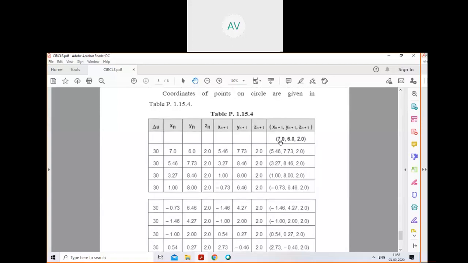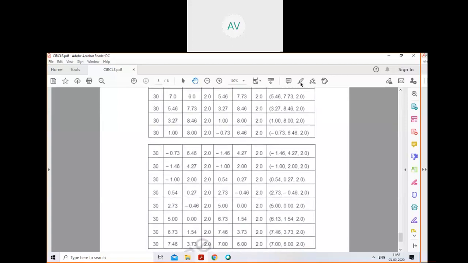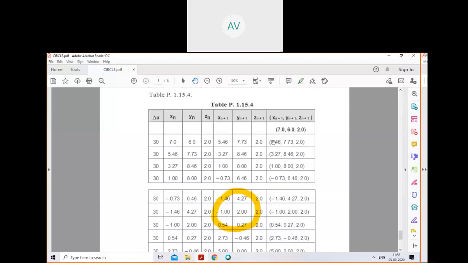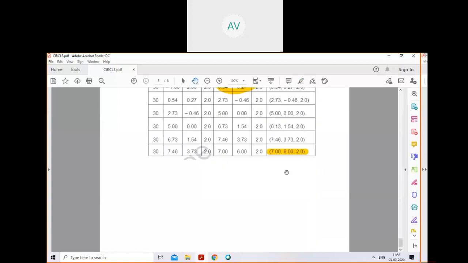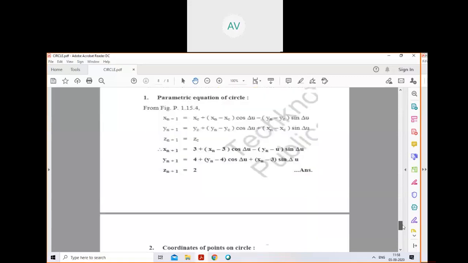The start point was 7, 6, 2, which means the circle has been closed. The start point was 7, 6, 2 and the end point is again 7, 6, 2, so whatever calculation you have done is right. Like this you have to do the calculation of a circle.